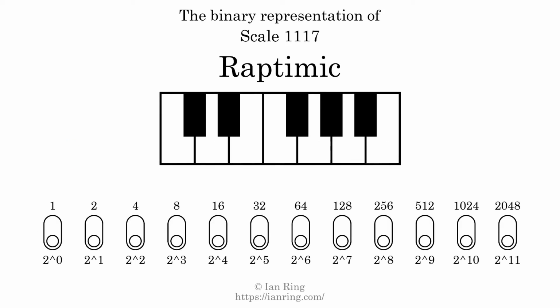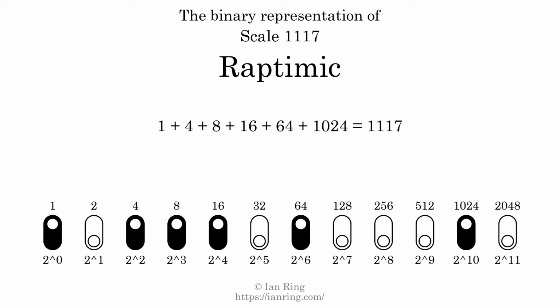The binary representation of this scale is determined by mapping tones of the scale to binary digits. Each binary digit represents a power of 2. To get the scale number, we add the powers of 2 together. The powers of 2 that are present in the scale, all added together, equals 1117.